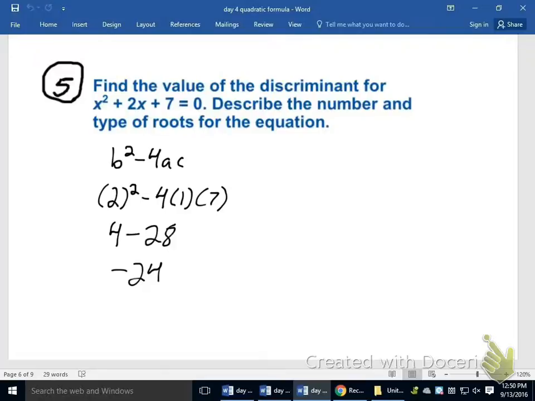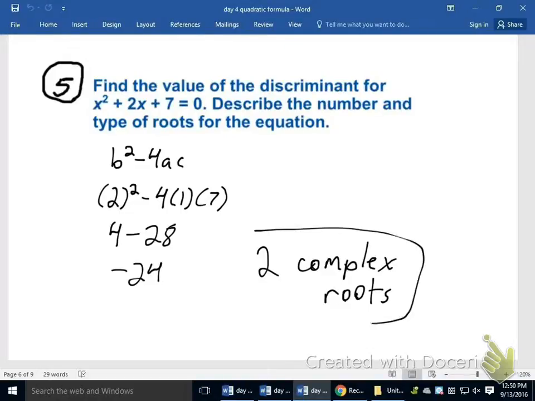Now, right off the bat, I know there are 2 unique roots, but since the discriminant is negative, I know they're imaginary. They are 2 complex roots. And that's how discriminant's used. Sometimes on a situation, you just want to know how many roots there are and what kind of roots they would be. And that's actually good enough for the problem, depending on the context of the situation. But that's how it's done.